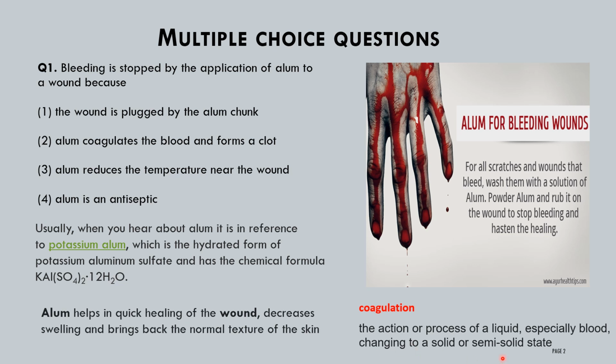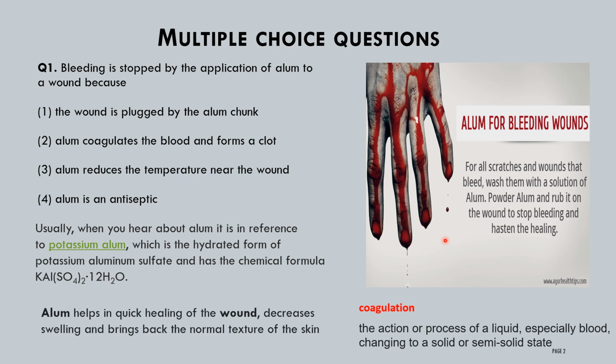The liquid, meaning blood, starts converting into a solid or semi-solid. That process we call coagulation. When you apply alum to a wound, it helps to clot the blood, otherwise said, it helps to coagulate the blood.